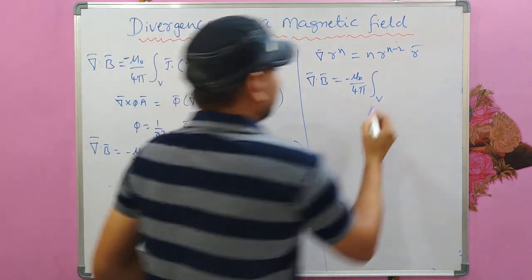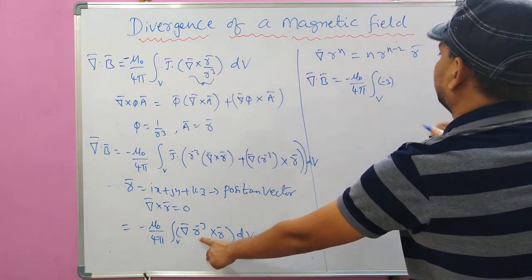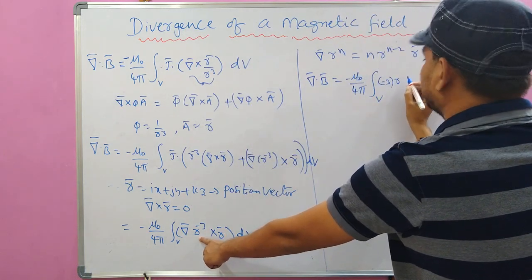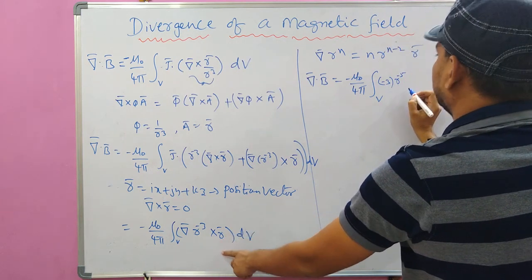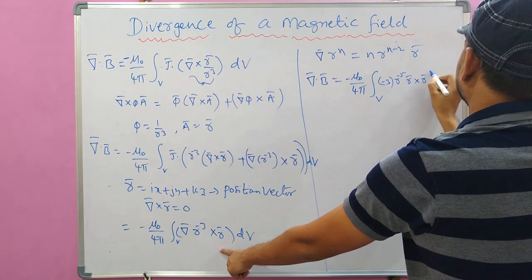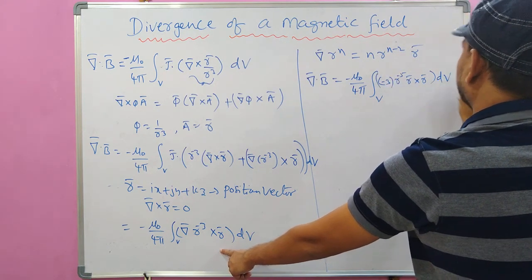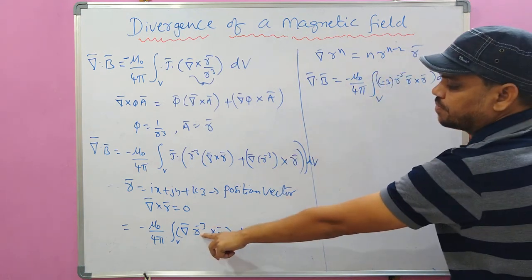Del bar R power minus 3, I can write as minus 3 into R power minus 5 R bar cross R bar, using this formula. N is minus 3 here.